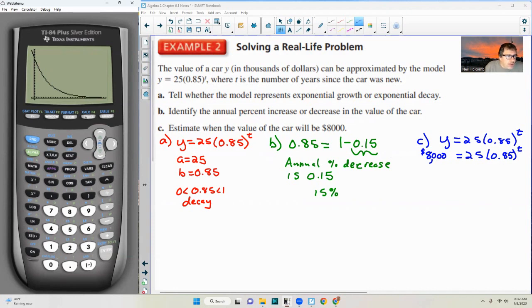So I'm just going to hit the trace value. And here's X 14.5. Well, we want to estimate when the value of the car is 8,000. We want to focus on our Y. And when Y is 8,000. So I'm going to move over this way. And when is it going to equal 8,000?